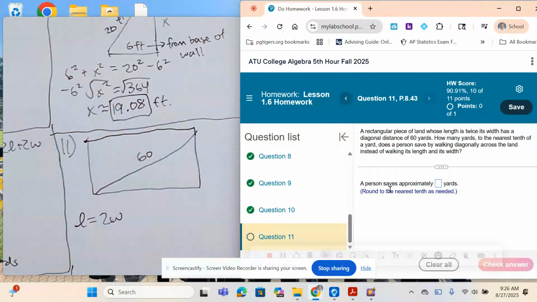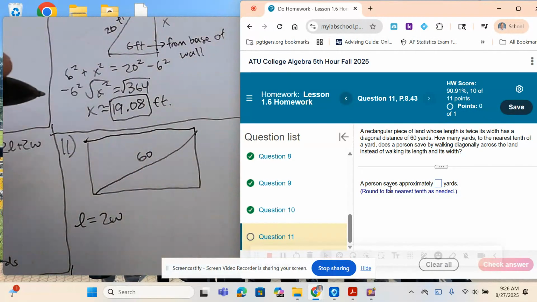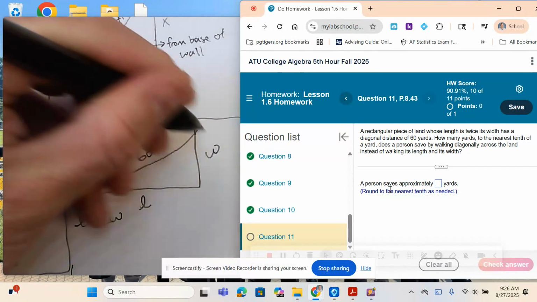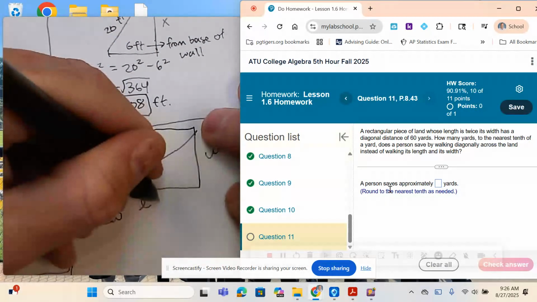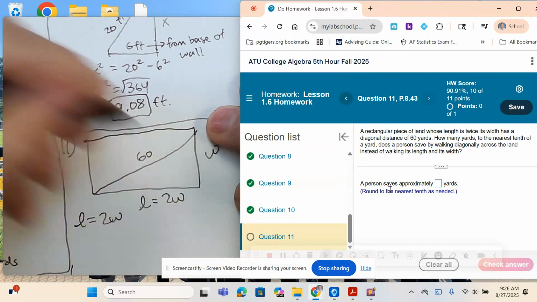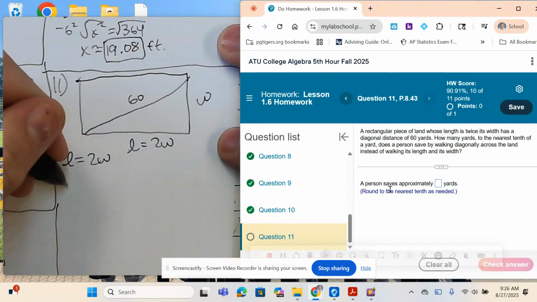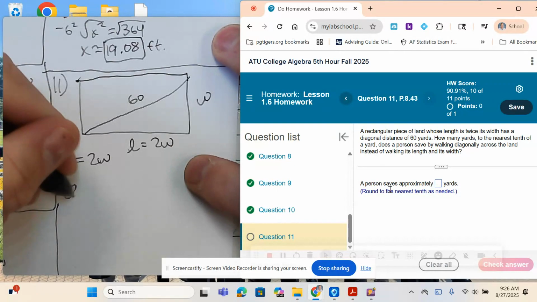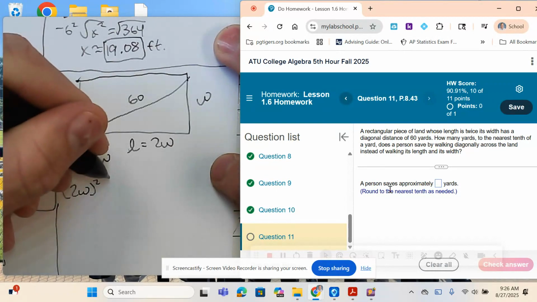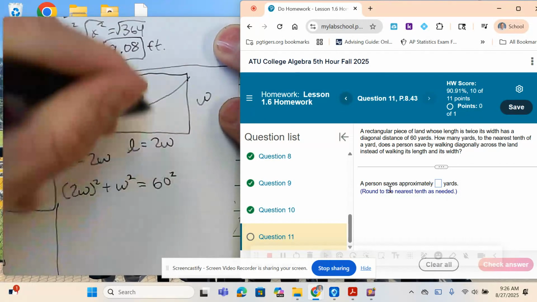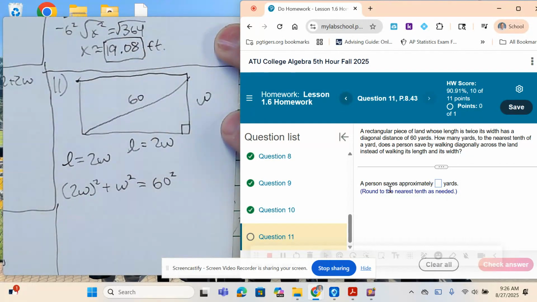So I've got to use the Pythagorean theorem, and I've got to put them in terms of the same variable. I don't want to screw this up. I'm going to call this the length and this the width. So I'm going to change the length to 2w. So 2w squared plus w squared equals 60 squared, because it makes a right triangle there.